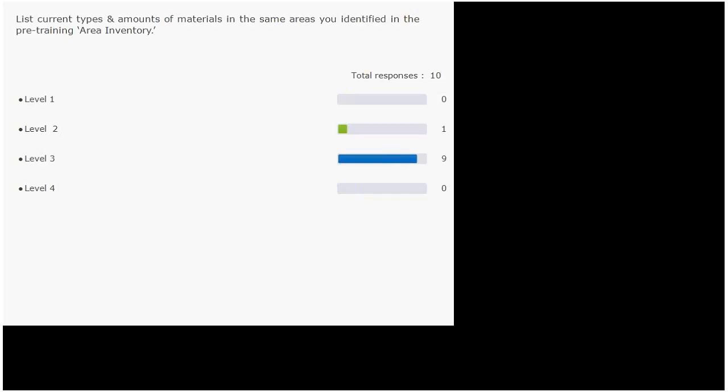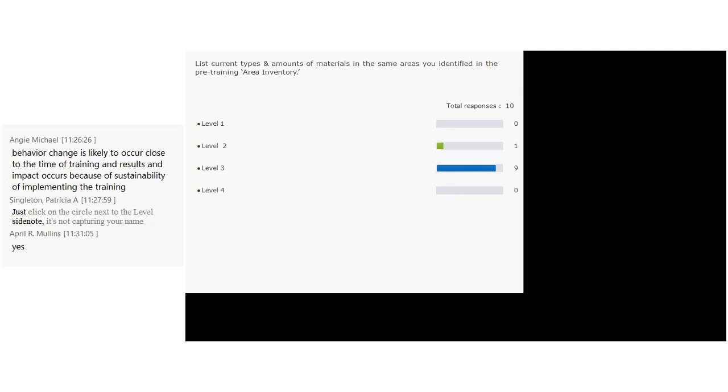The trigger here was you asked them to do something pre-training, and that was list amounts of materials that they had in an area inventory, and now you're asking them to do it again. That would have to be post-training, level 3. Does that make sense to everyone? Okay.